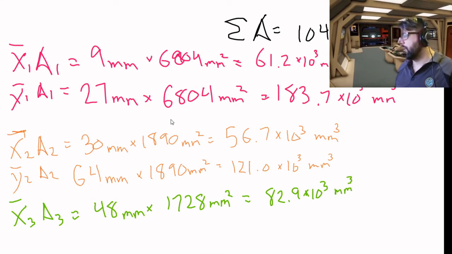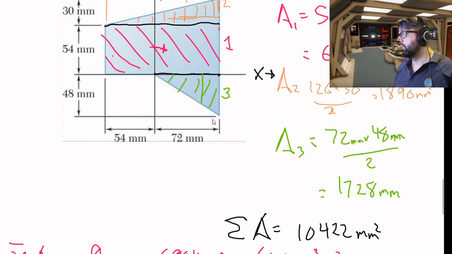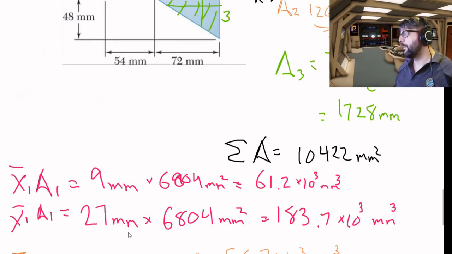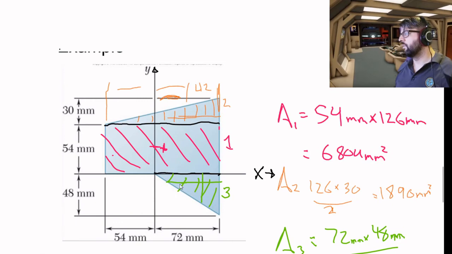And next our ybar is similar, but we're starting from the base and working our way towards the pointy end. So it's only 1/3 of the way down there. So 48 divided by 3 gives us 16. But in this instance, you'll note we're starting from the origin and going down.